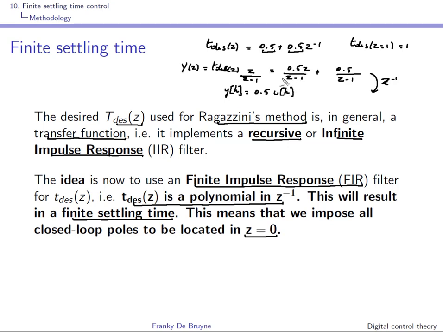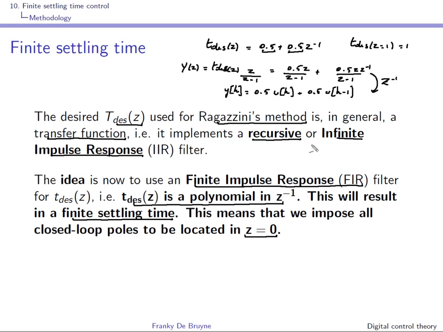The inverse z transform of z over z minus 1 is u of k, and here we'll have z minus 1. Okay, so we'll have a step, but that is shifted by one sampling instance. So we'll have 0.5 u of k minus 1.